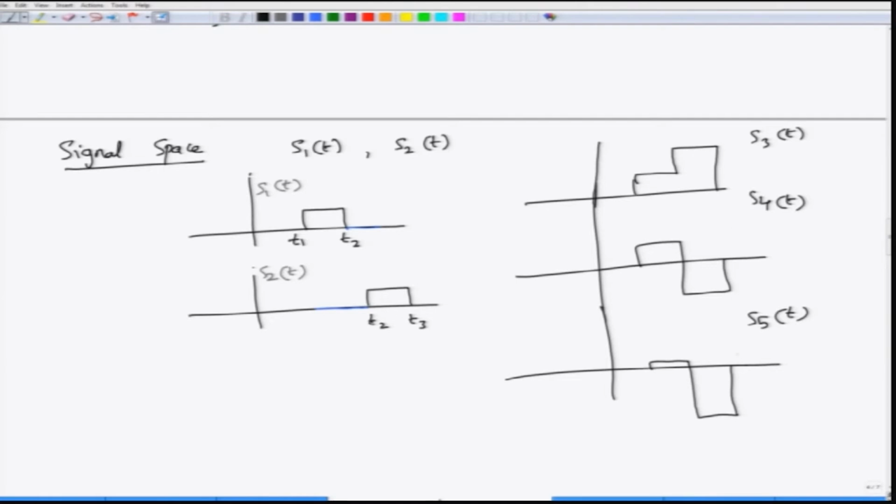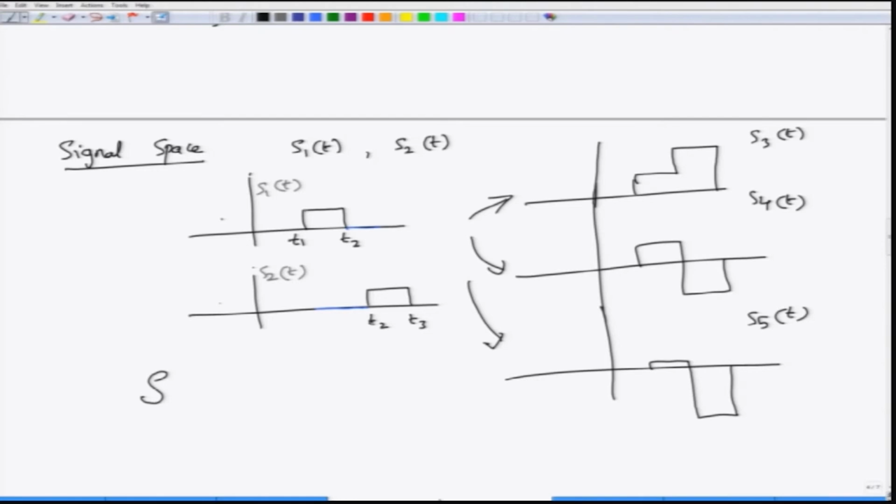But in all these vectors, and there could of course be an infinite number of such vectors, if I call all of these possible combinations as a span S, this span or the subspace is now spanned by S1 of t and S2 of t, which will be acting as though they are unit vectors or the basis vectors. They are not yet unit vectors, they are the basis vectors for us.